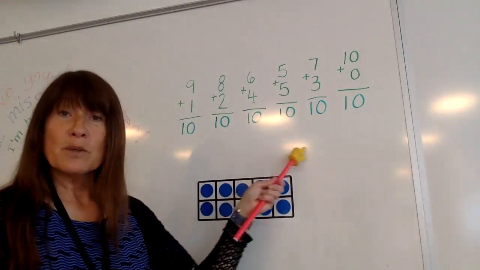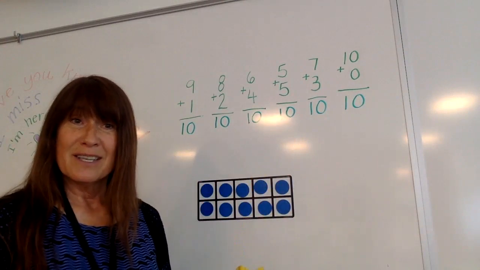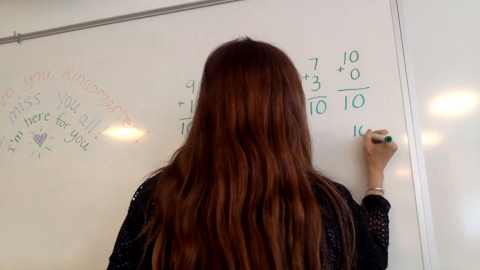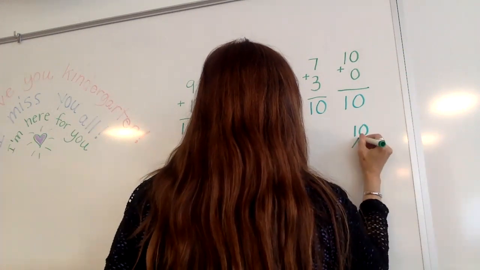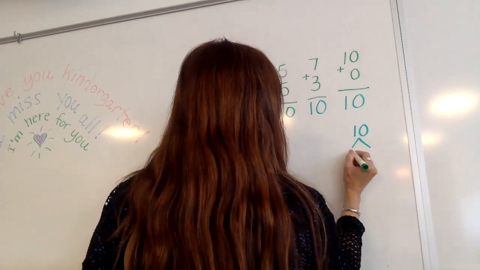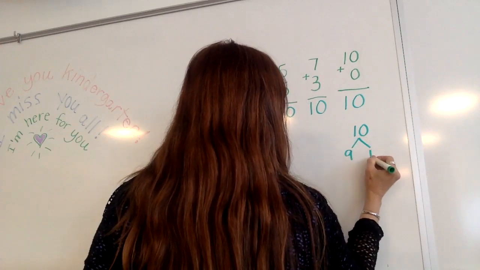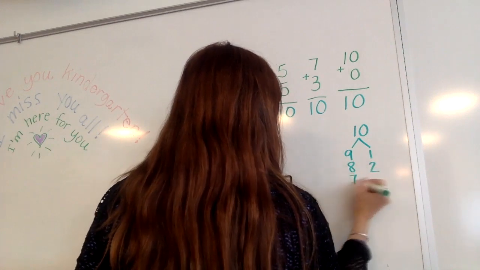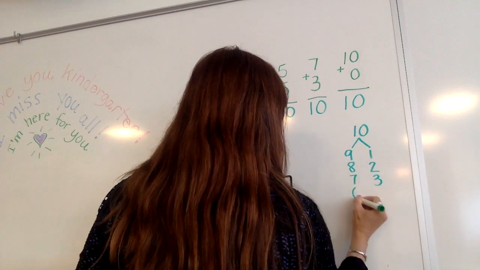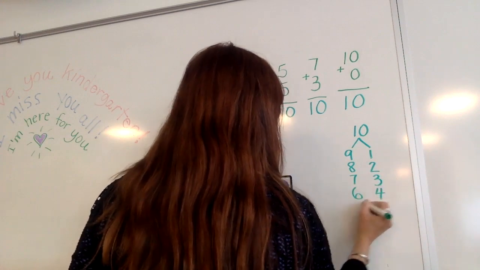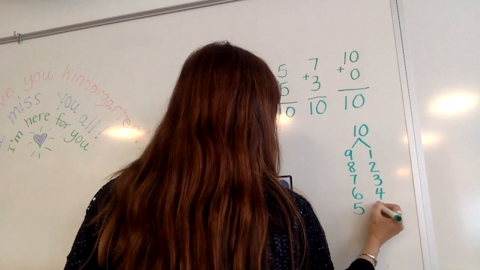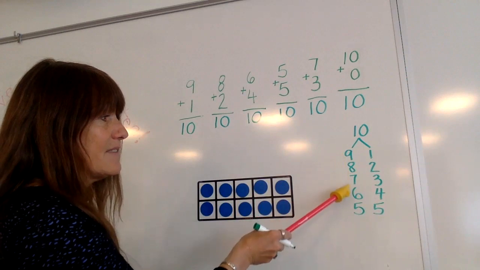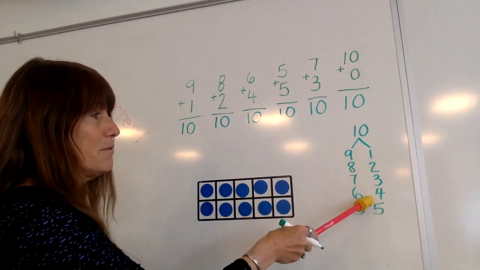Look at all the different ways that we made 10. So we can also do that by decomposing that number into 9 and 1, 8 and 2, 7 and 3, 6 and 4, 5 and 5. 9, 8, 7, 6, 5, 1, 2, 3, 4, 5.